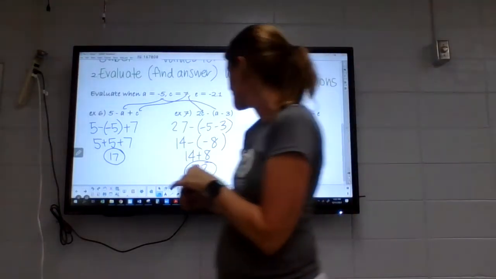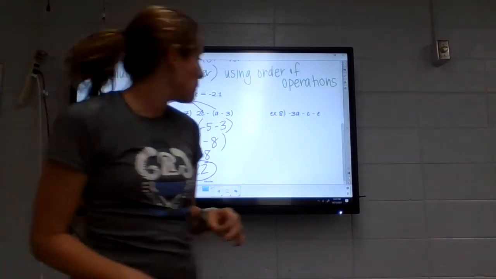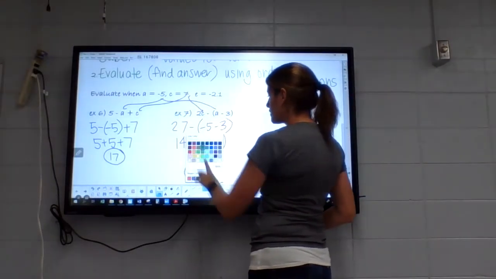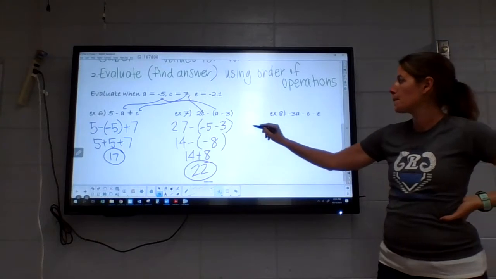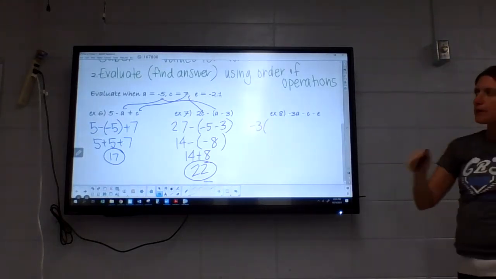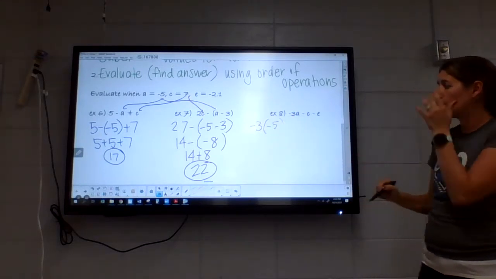All right. So our next one here, we're going to take and substitute all 3 values in now. So negative 3. Now this time I'm using parentheses because it's a negative 5, but they're still being multiplied.